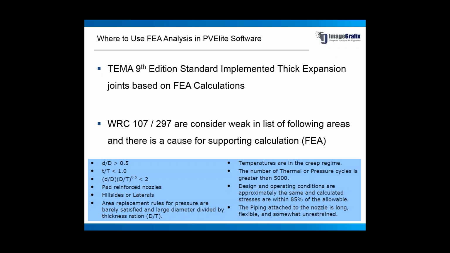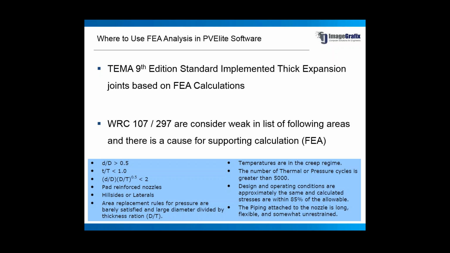However, these WRC codes are considered weak in some areas, which are listed here. Wherever WRC 107 and 297 are considered weak, you need to go for supporting calculations. Sometimes customers also tell us that the ASME inspector is not accepting the WRC calculations and is asking for supporting FEA calculations.